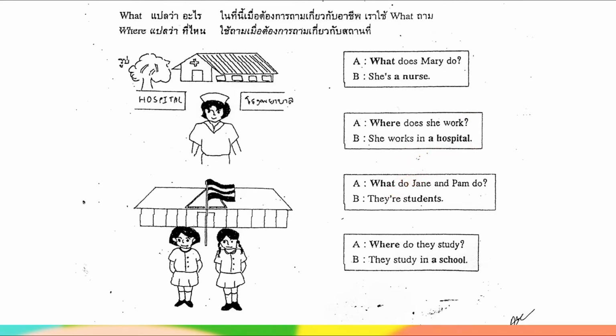Can you see do? Because Jane and Pam are two people, we should use do instead of does. They are students. Can you see s? Where do they study? They study in a school.